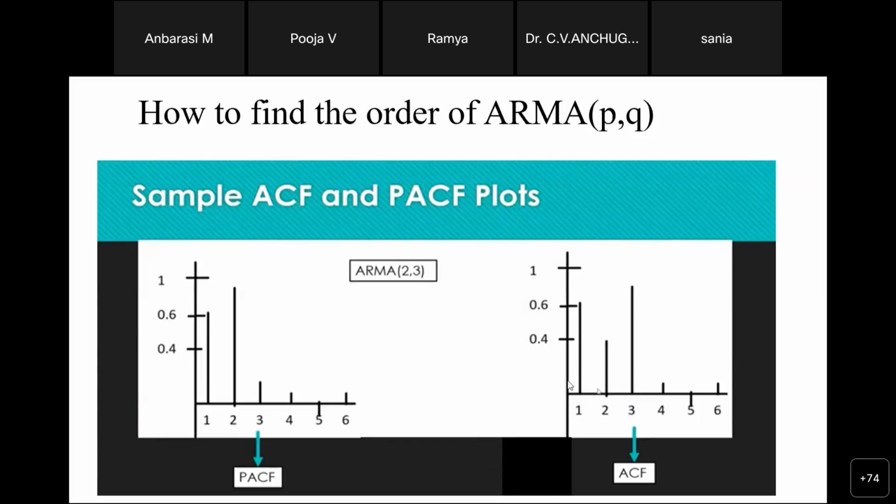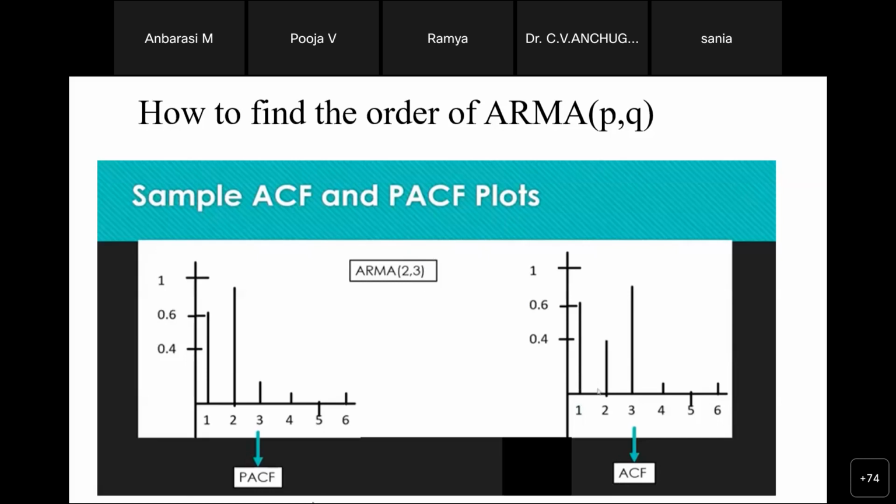For the autocorrelation function, as we discussed in the moving average, we see the p-value. If it is above 0.1, those lags alone will be considered. In this example, the total number of lags above the threshold is 3: 1, 2, 3. That is why the Q value here is given as 3.